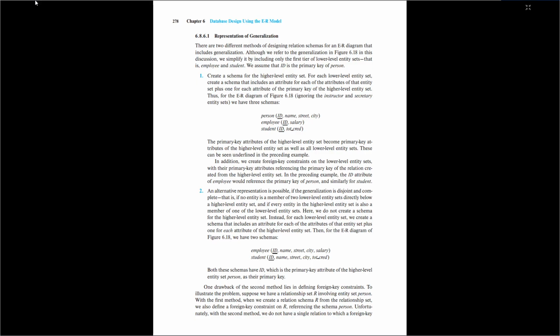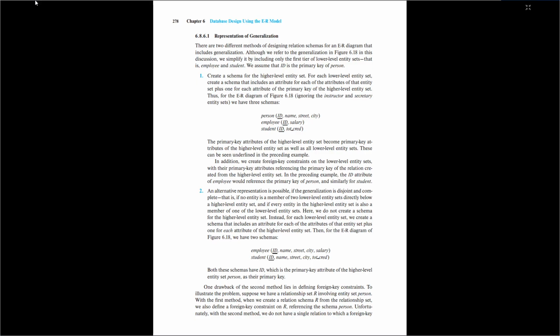Instead, for each lower-level entity set, we create a schema that includes an attribute for each of the attributes of that entity set plus one for each attribute of the higher-level entity set. Then, for the diagram of Figure 6.18, we have two schemas: employee (ID, name, street, city, salary) and student (ID, name, street, city, tot_cred). Both these schemas have ID, which is the primary key attribute of the higher-level entity set person, as their primary key.